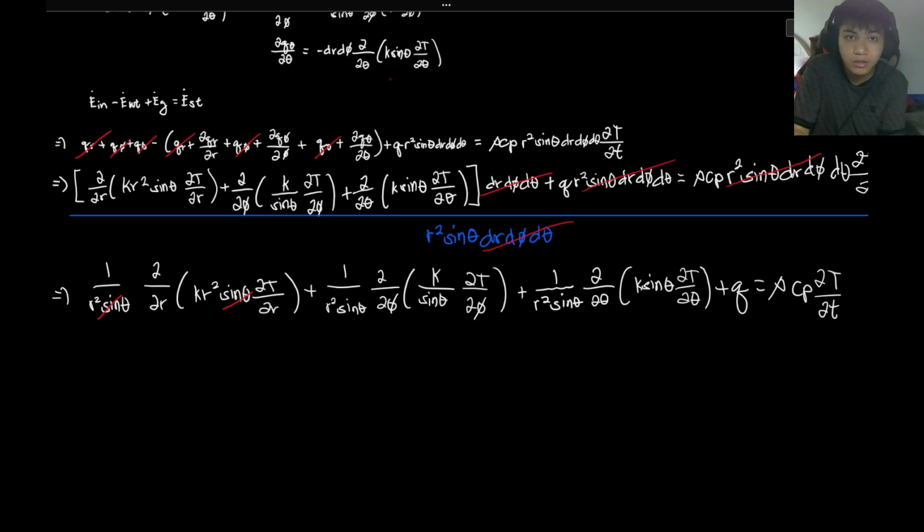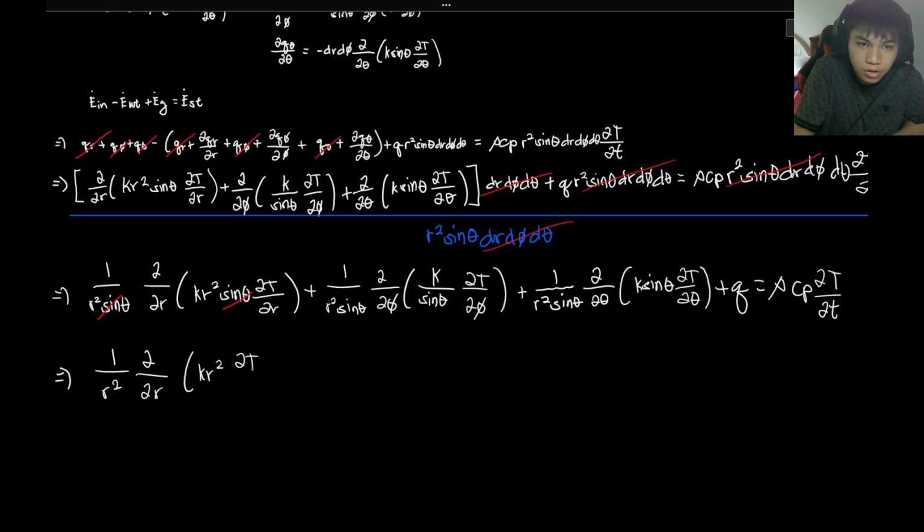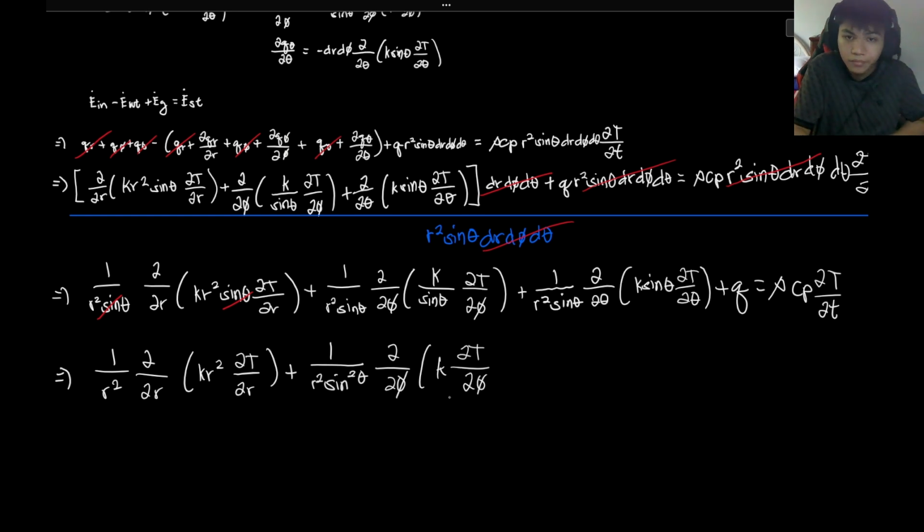Now we just have to simplify. So, we have 1 over r squared, the partial derivative in terms of r, and now we have k r squared partial derivative with respect to r of temperature, plus now we have 1 over r squared sine squared theta, the partial derivative in terms of phi, with k inside. Here, we won't change anything, so we'll just copy this one.